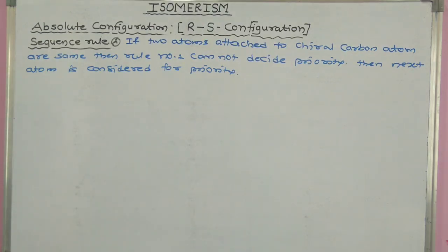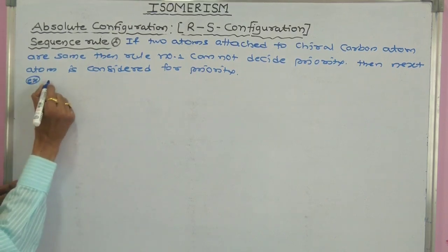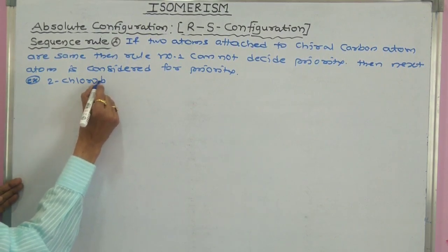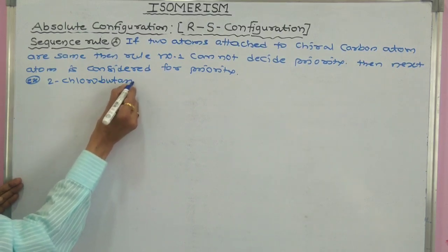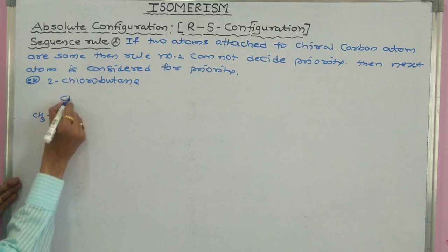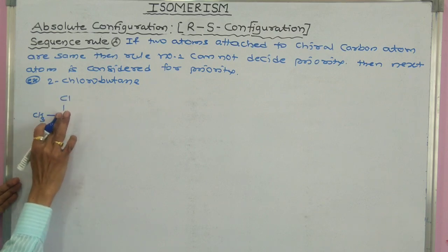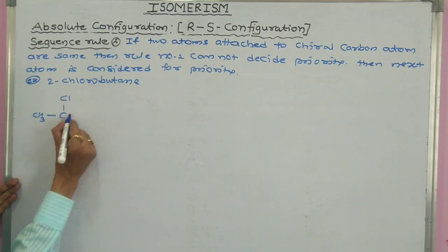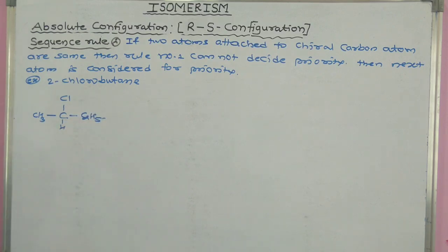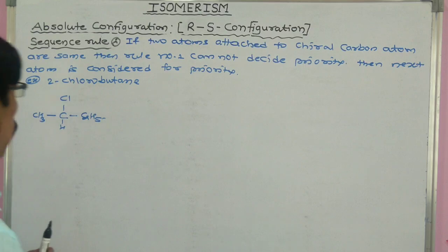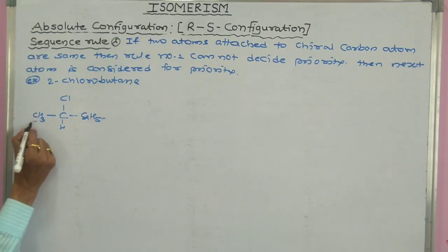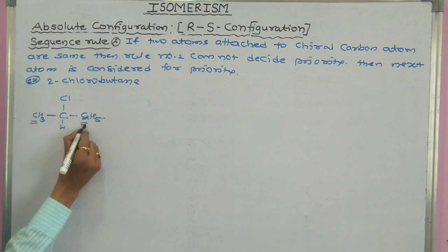For example, 2-chlorobutane. Now the CH3, C, Cl, H, and this C2H5. This is 2-chlorobutane. Now in this case, this CH3 and this C2H5 have carbon as the first atom.